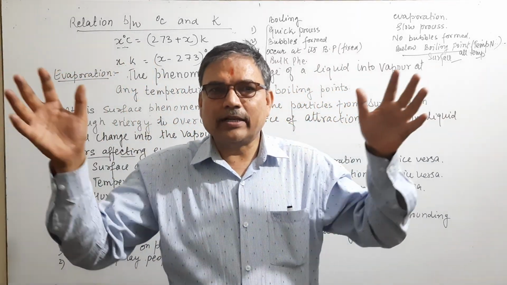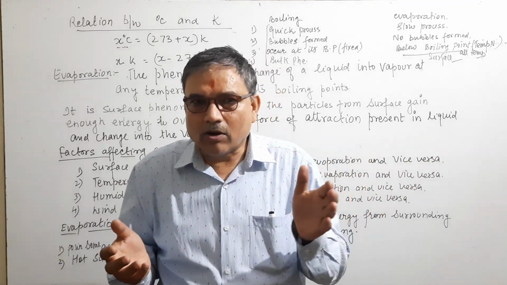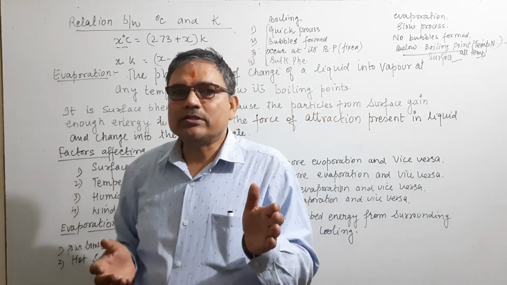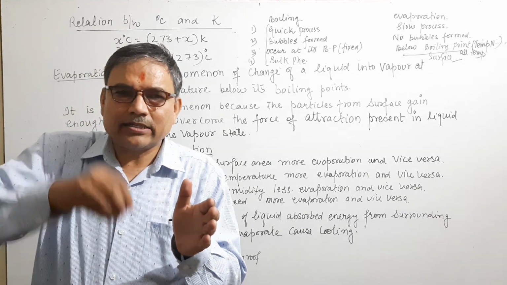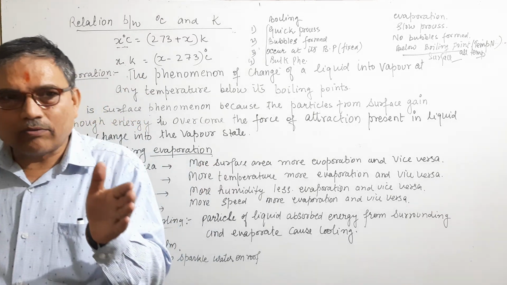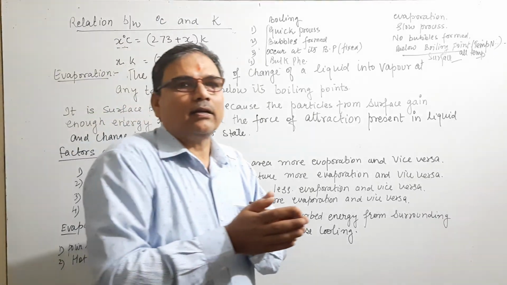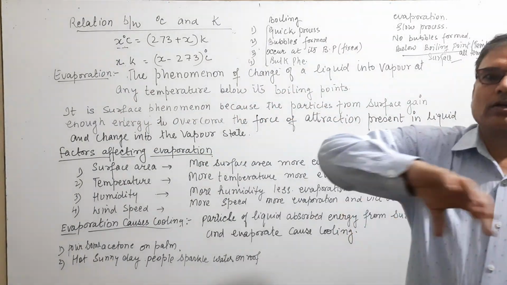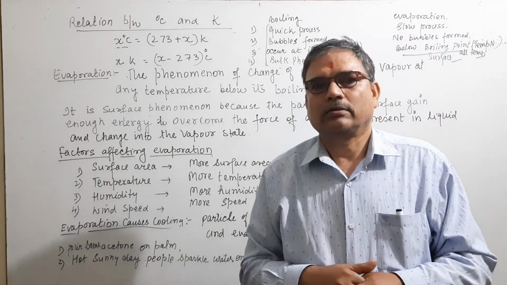Because water present in the atmosphere, known as humidity, comes in contact with the surface of the glass, which has lower temperature compared to the surroundings, and that water vapor present in the atmosphere gets condensed, due to which water appears around the glass.